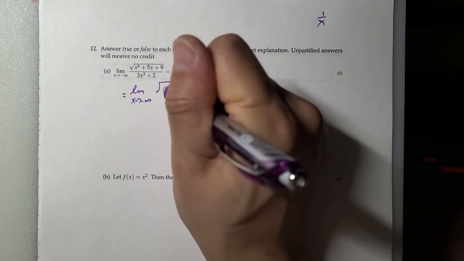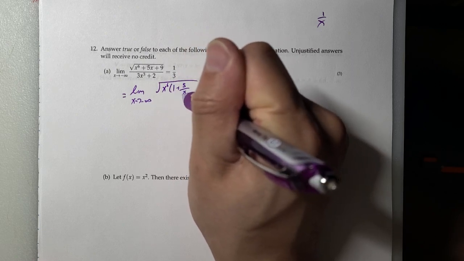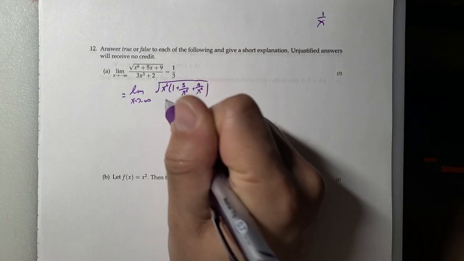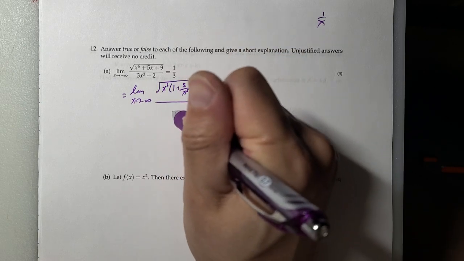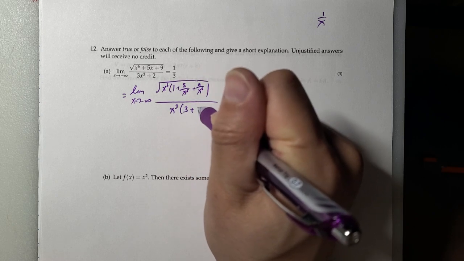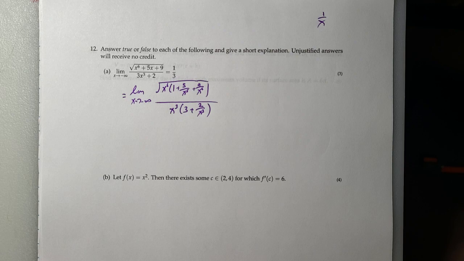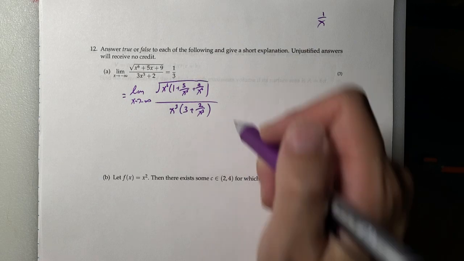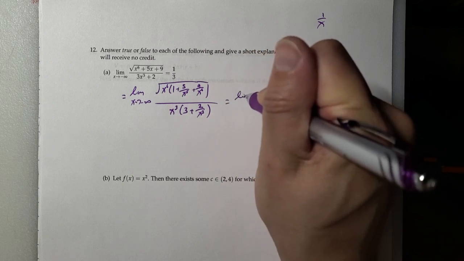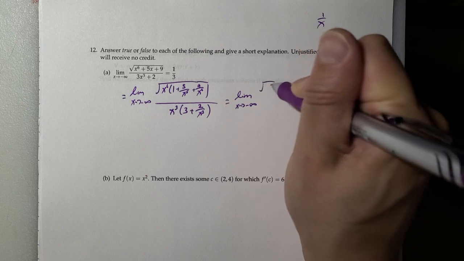So on the top, we factor out x to the 6 inside the square root. And then on the bottom, we factor out x cubed. Remember, we can split up a product of two limits. So we can manipulate it to be like this.